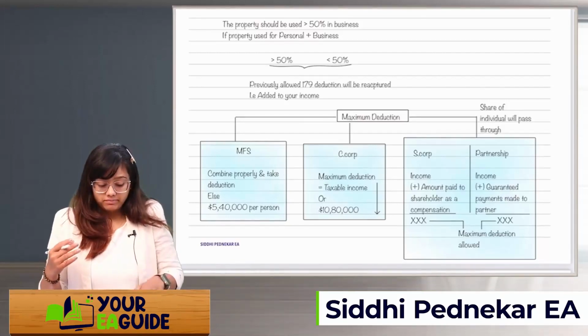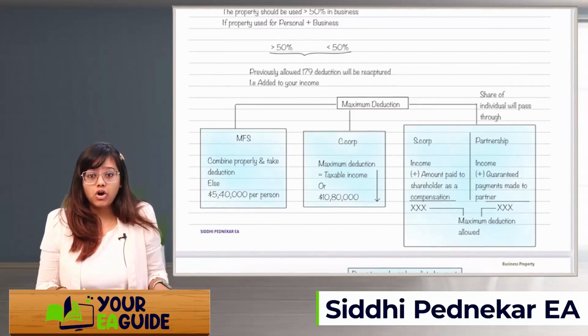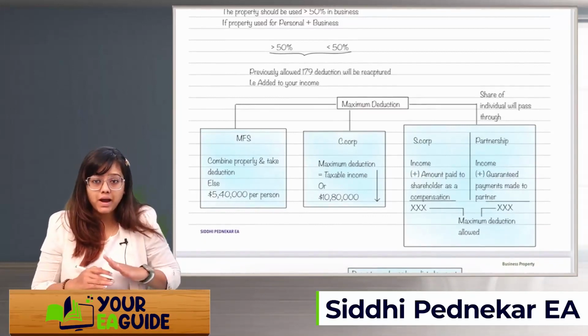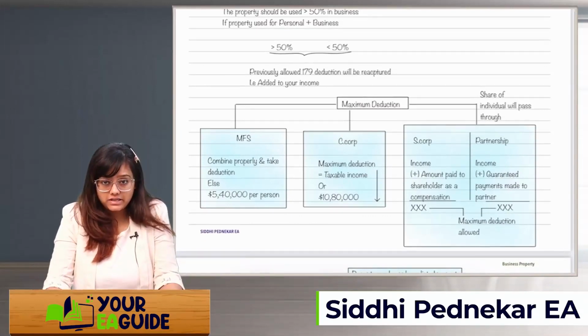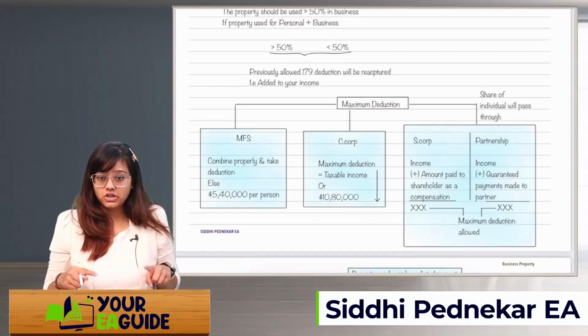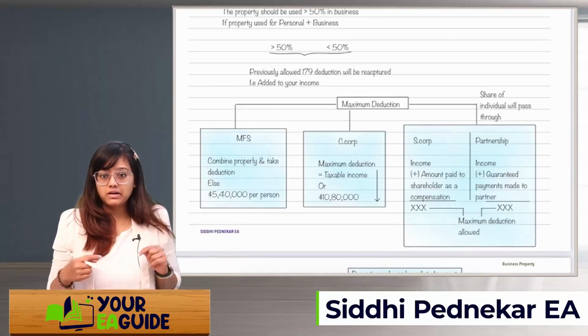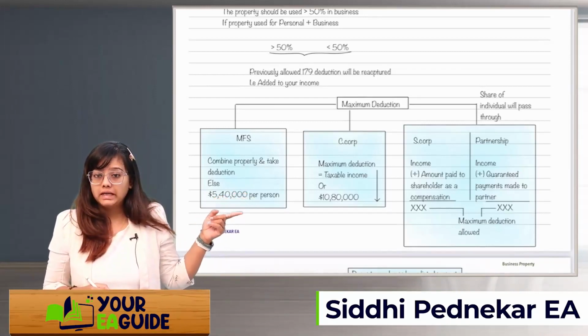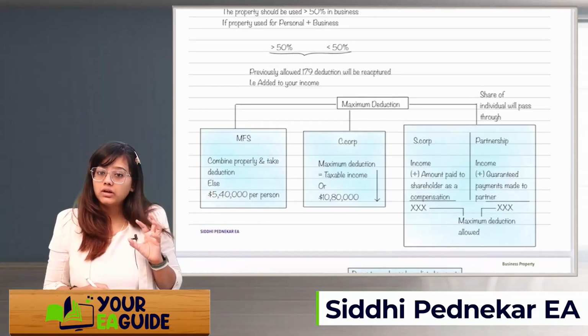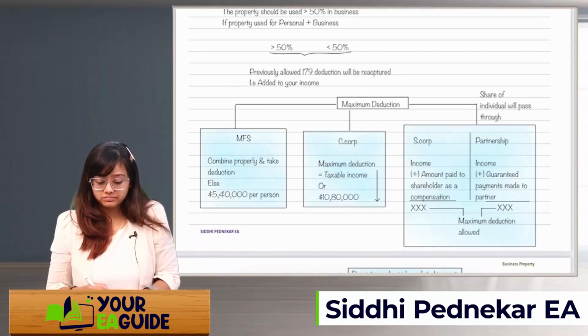Okay. Then there is a corporation. If you're a corporation, see, corporations don't pass their incomes to the shareholders or their partners or the owners. So a corporation will take this deduction in their books itself in the P&L, right? So the maximum deduction will be taxable income or 10,80,000, whichever is lower. Up to the taxable income only they will take. All right.